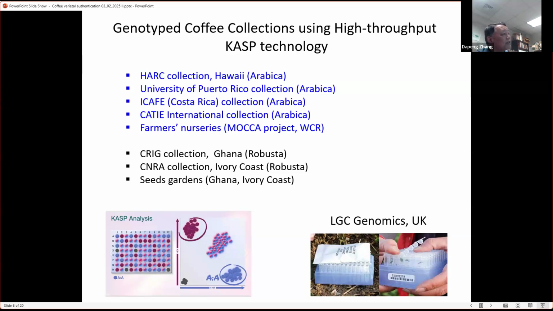We also genotyped a bunch of Robusta collections in Craig, Ivory Coast, and Ghana.